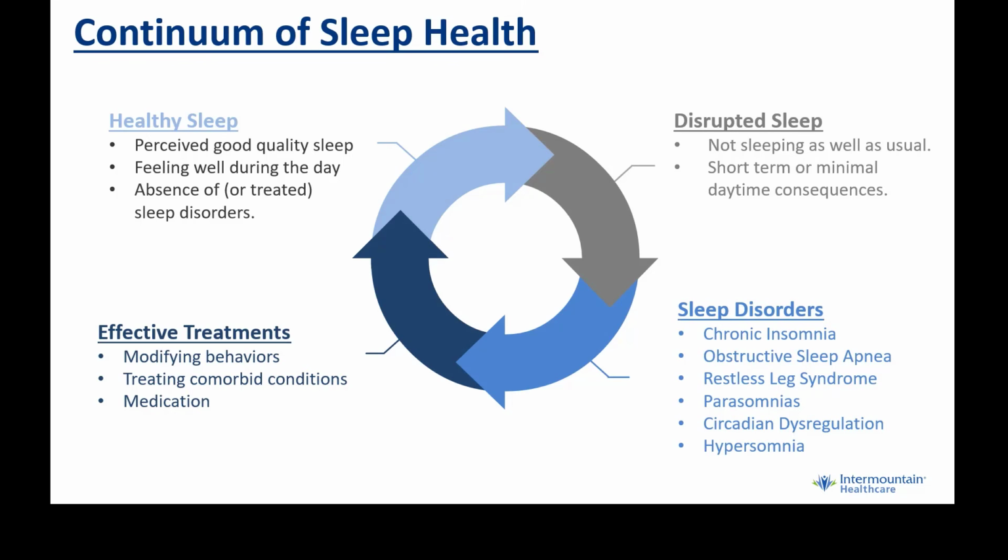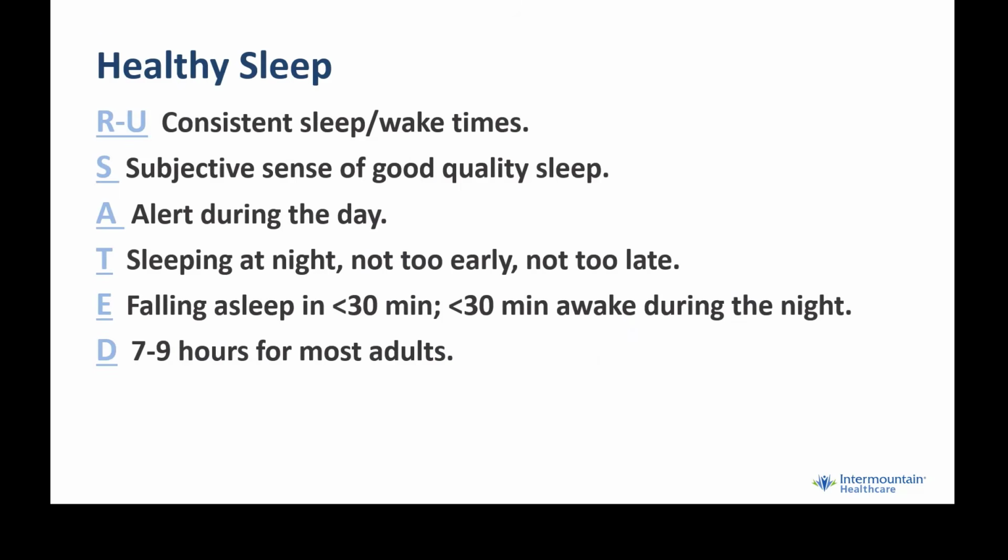And then we have effective treatment. So they include modifying behaviors. So many treatments for sleep are behavioral type interventions. Treatment of comorbid conditions that might be contributing to sleep disorders or disrupted sleep, and then sometimes medication, and we're going to talk about that toward the end.